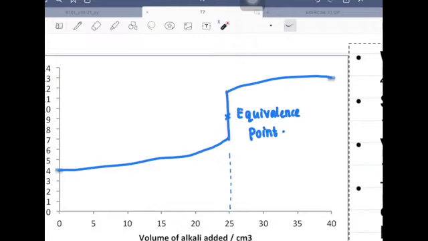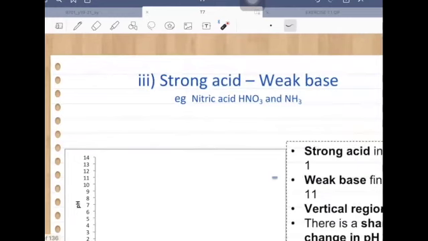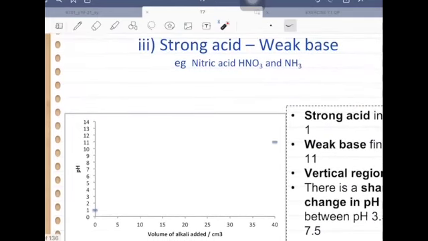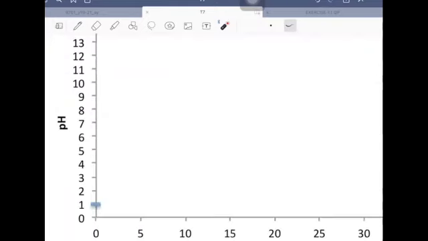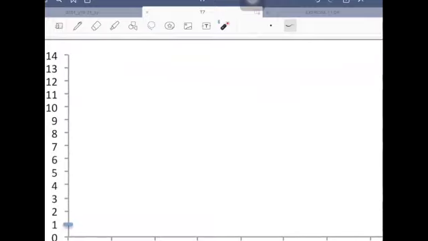Okay, next we move on to strong acid and weak base. Okay, again, starting with your initial pH, a strong acid would be very, very low. So that's about pH 1. And then you're reacting with a weak base.